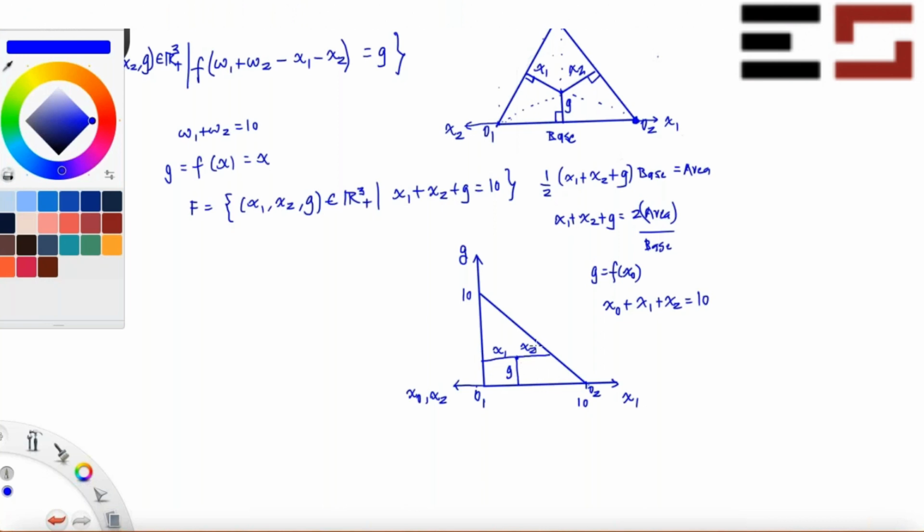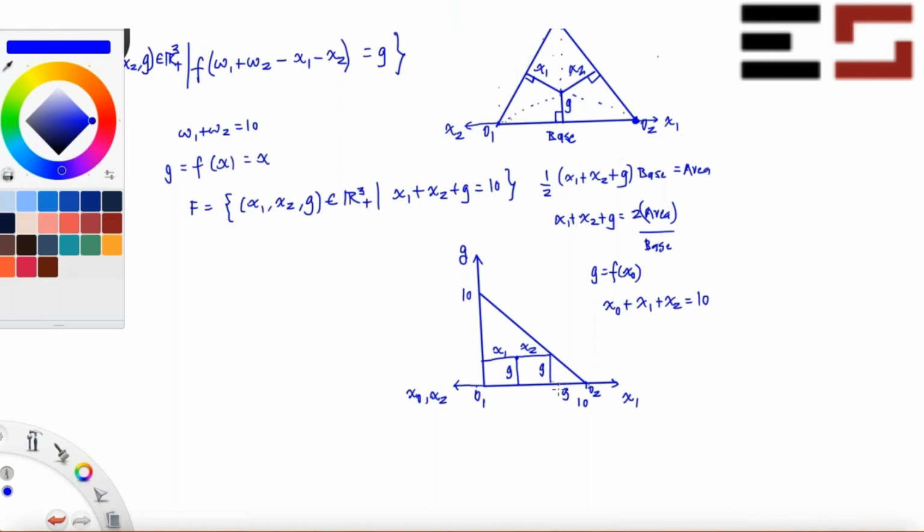That makes it clear that we are able to represent the set of all feasible allocations in this kind of triangle. Why is this 10? It's easy. This height is g, so this height must also be g. Because this is a 45-degree line, if this is g, then this must also be g.